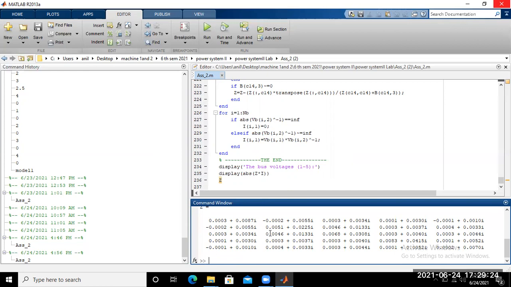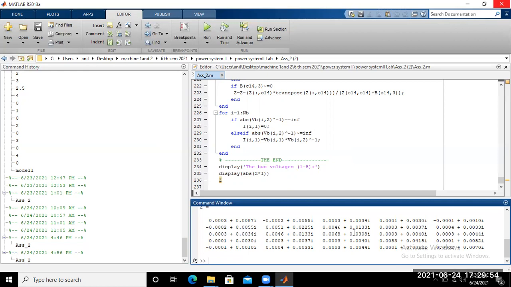Similarly, this one is Z22: resistance value 0.051 plus reactance value 0.2251. For Z23, the resistance value is 0.046 plus reactance value 0.0131.